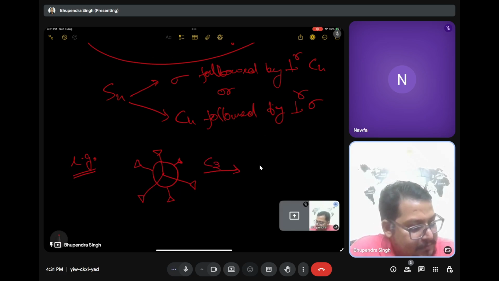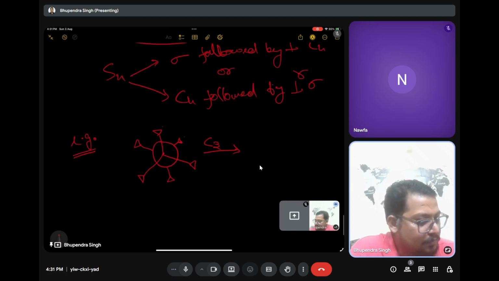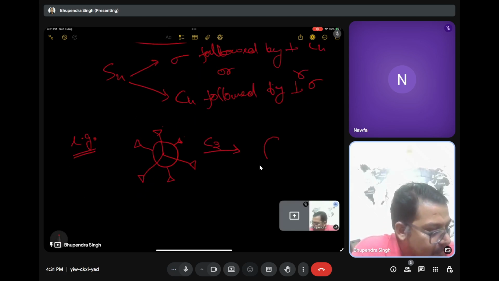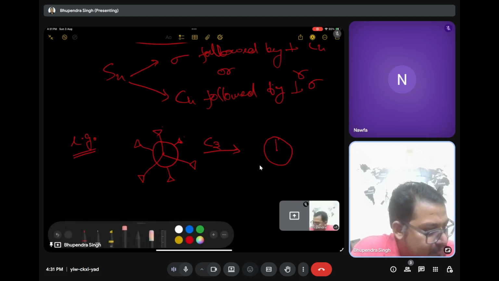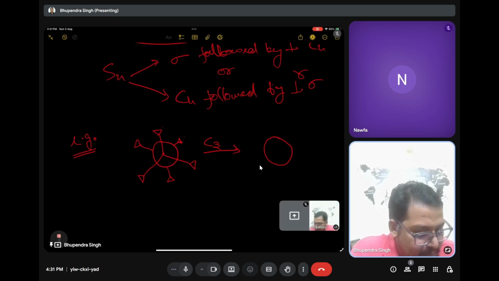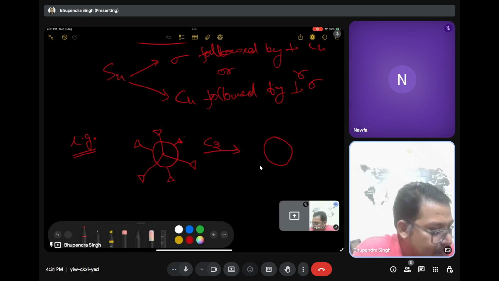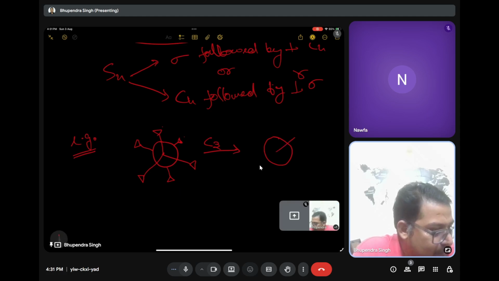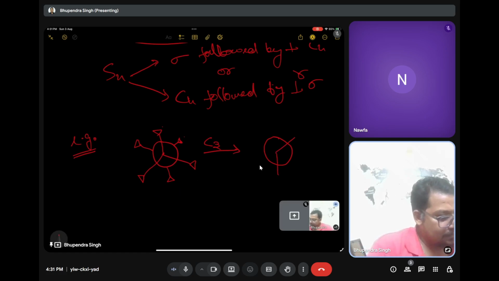Let's say this will go here and so on. So I'm again drawing this one, because after applying this you should get this equivalent orientation of the molecule. This will go here, this will go here, this will go here.